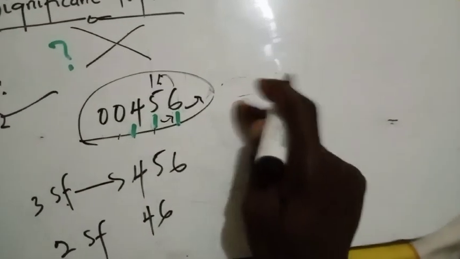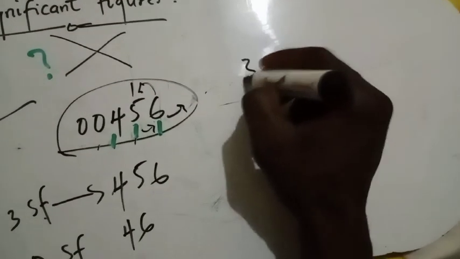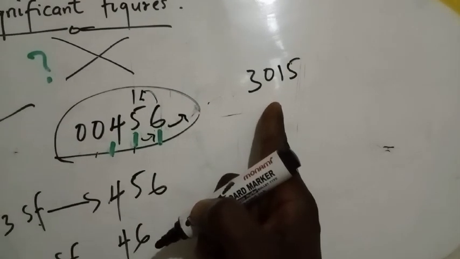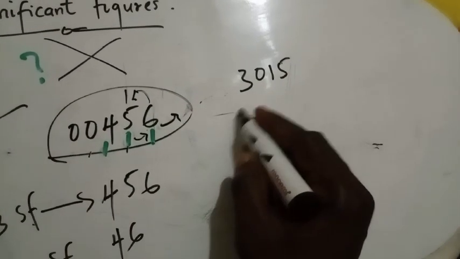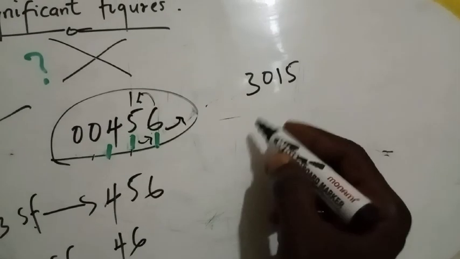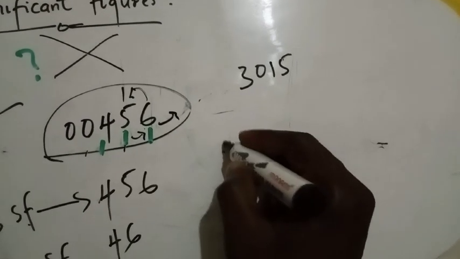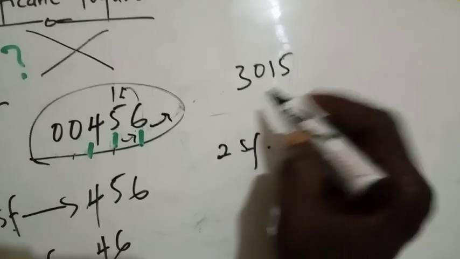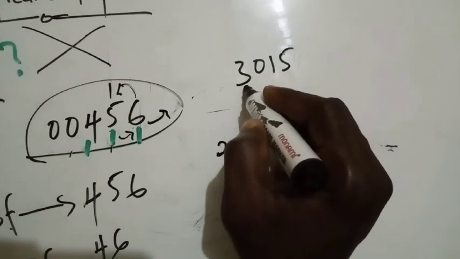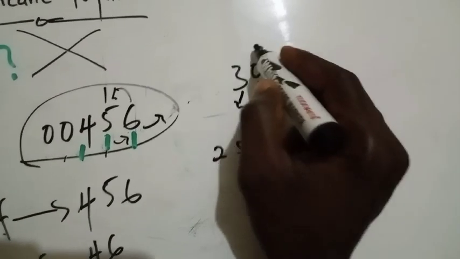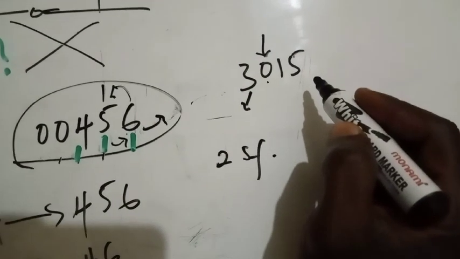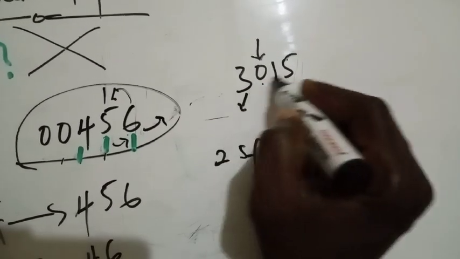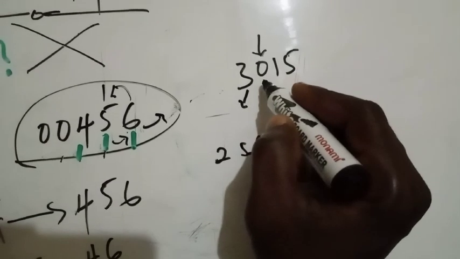Okay, so now let's assume I have something like 3, 0, 1, and then 5. We want to convert this to, let's say, 2 significant figures. So where are we going to start counting? We are counting from here. This should be 1 and then 2. This is what I explained at the beginning of the video, right? Whenever a 0 falls in between any numbers, that 0 must be counted.